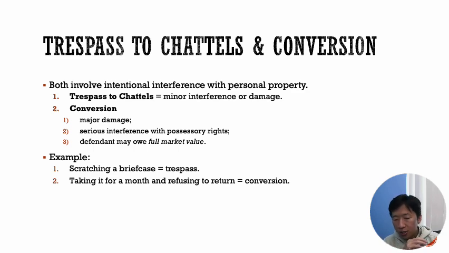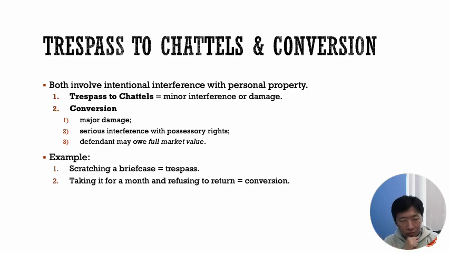Conversion requires something further. The first one, major damage. The second one, serious interference with possessory rights. And then the last one, if that is a conversion, the plaintiff can seek the market value. Not only the loss of the value, but the entire value of that item.